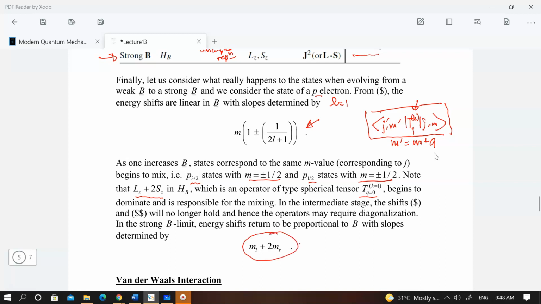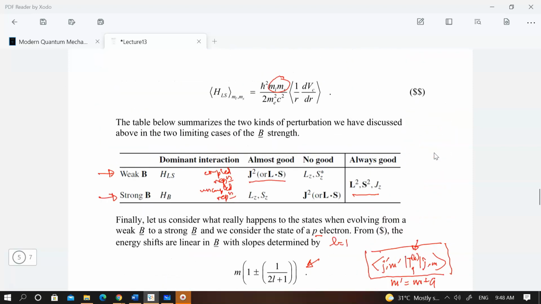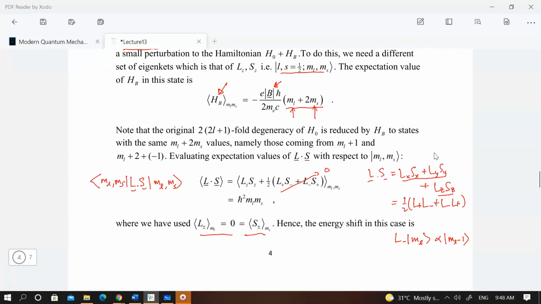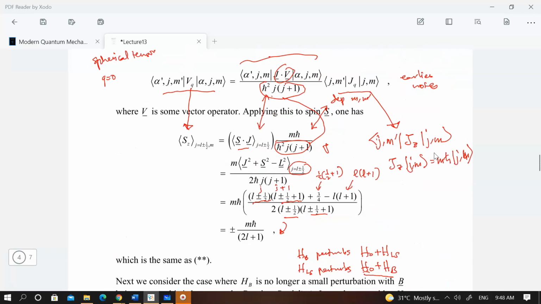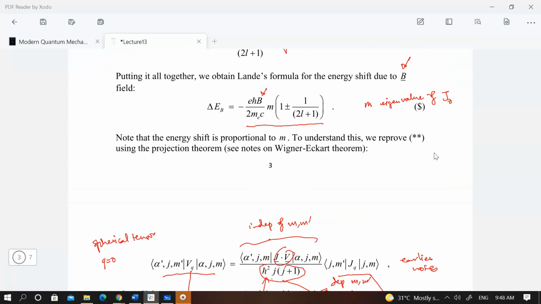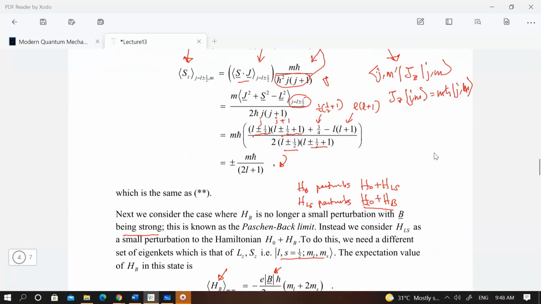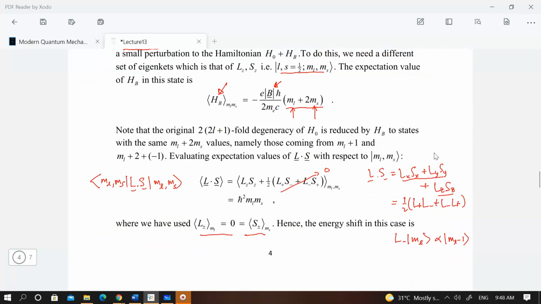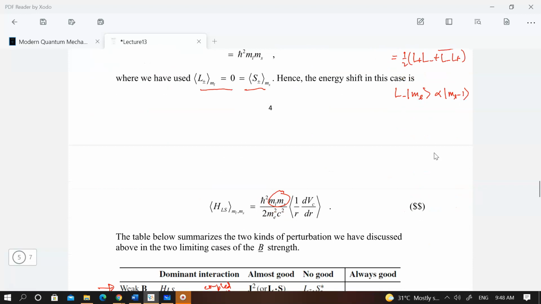So in between, the shift that we found earlier, the one with the dollar sign here, this shift, and the other shift for the strong case, which is this one. In between they will not work.